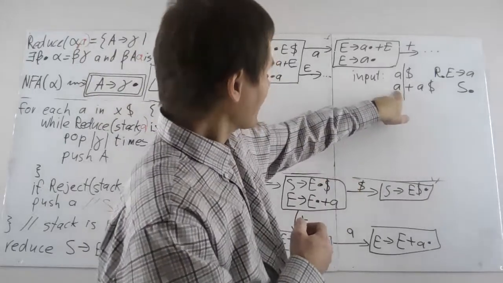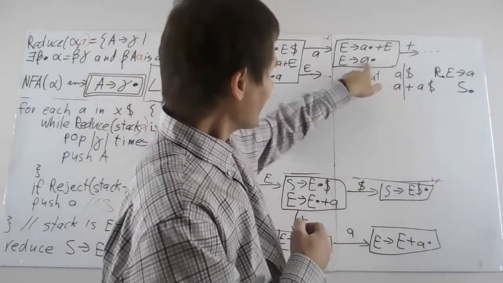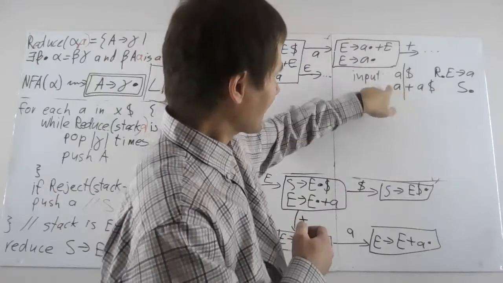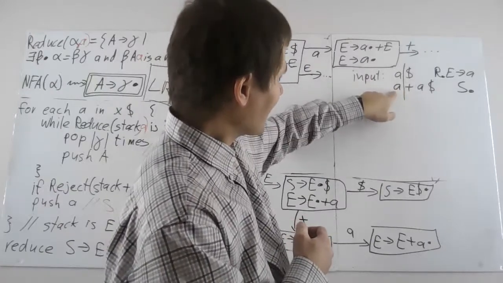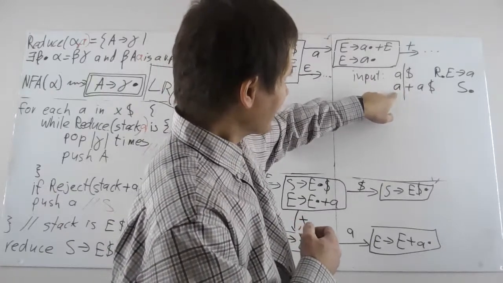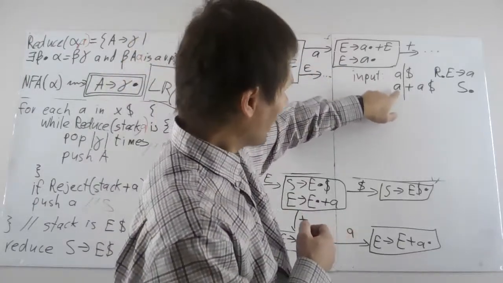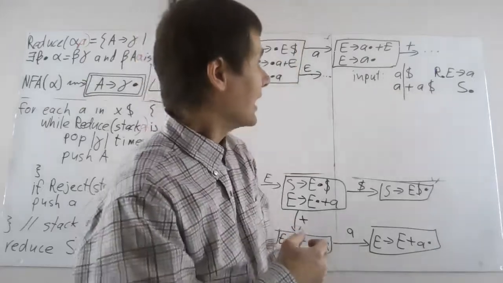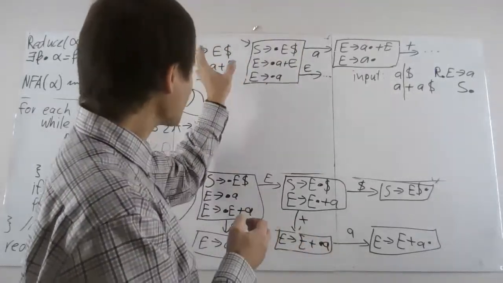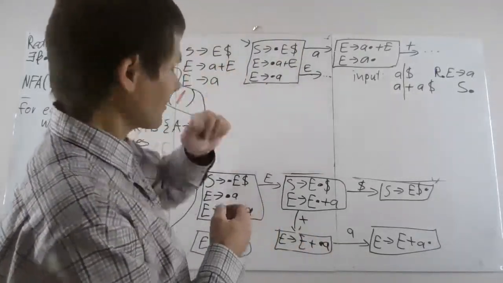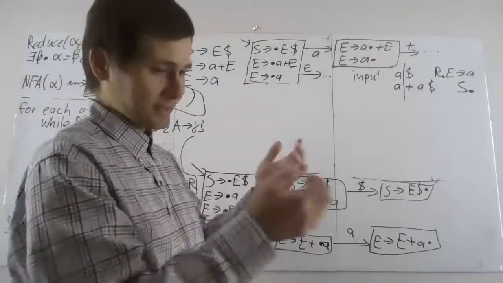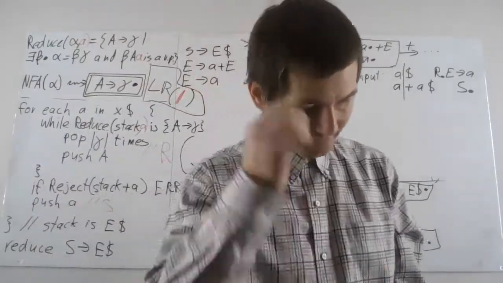In this case, if I apply the rule, replace the A with E, my beta A a here is going to be E plus, and does E plus ever appear in something that you can derive from the start symbol? In this case, no, it doesn't.